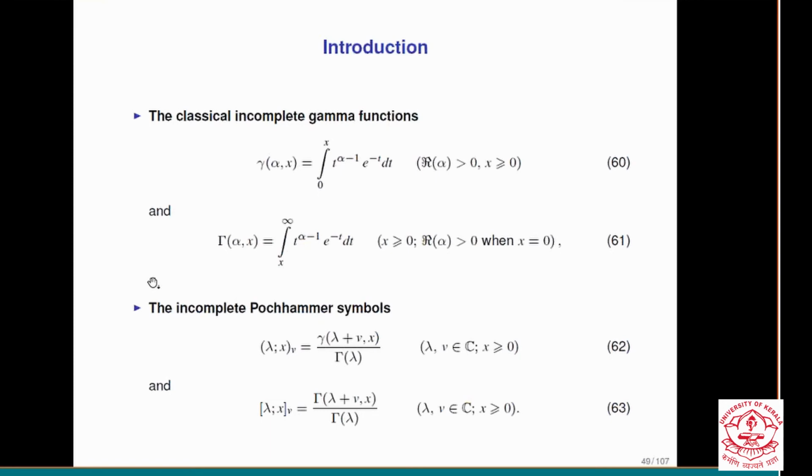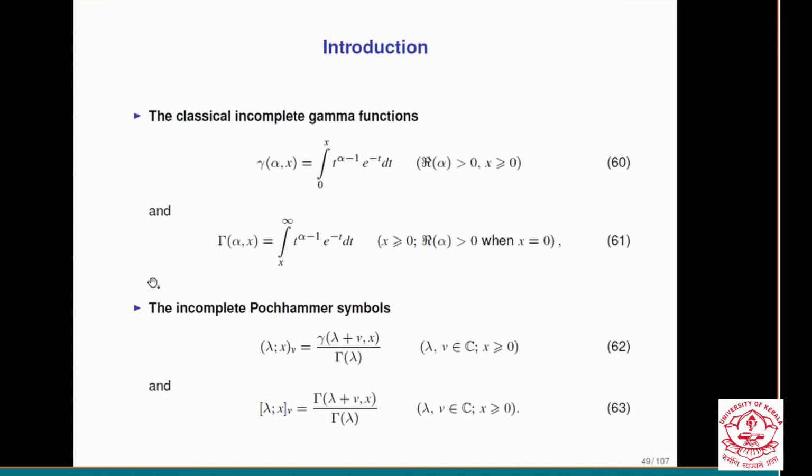And Chaudhary and Zubair also defined the generalized incomplete gamma function in equation number 66, and this is your equation number 67. So here this is from 0 to x, and this is x to infinity. Here alpha and x are complex parameters, and p is a complex variable.